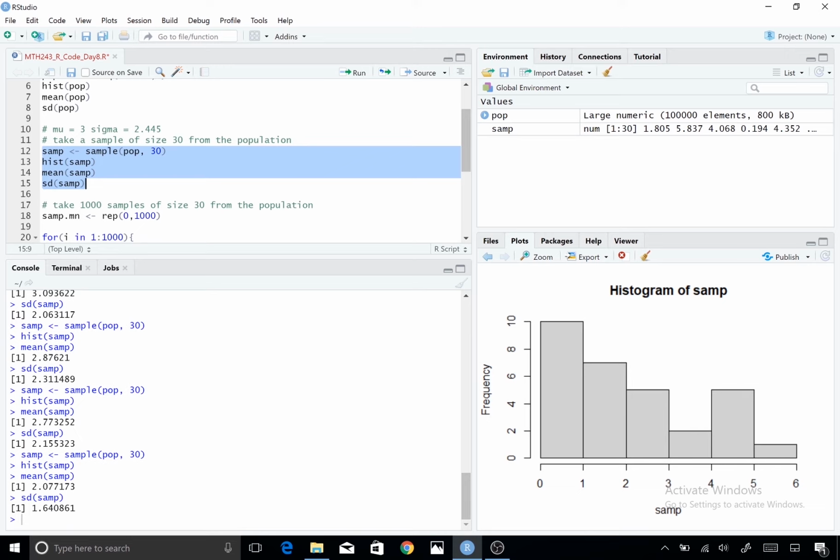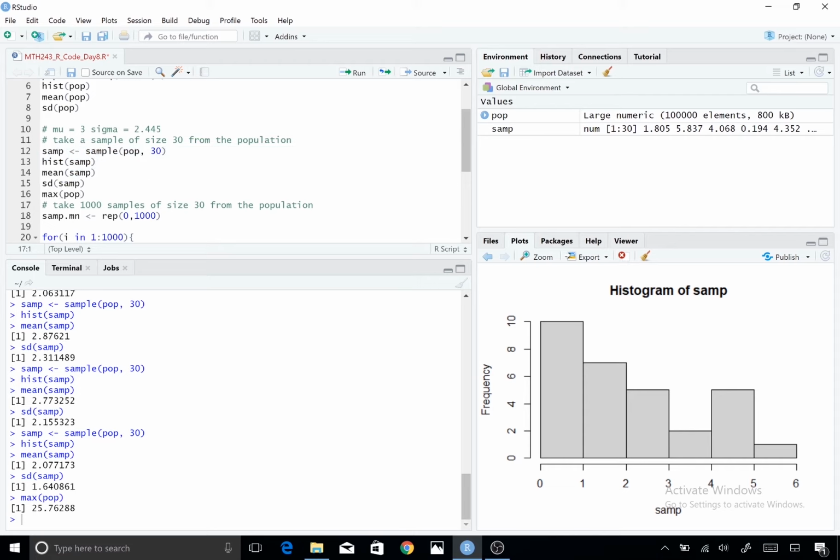Okay, so there's one that's pretty far off. The mean is 2.077 and the standard deviation is 1.64. The max is only about 6, but the max of pop is almost 26. If we got this sample, it could be misleading.